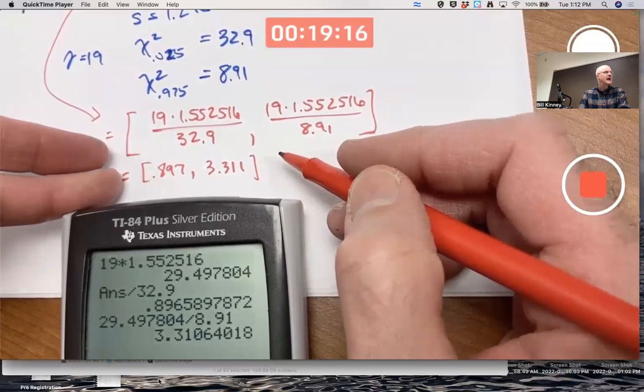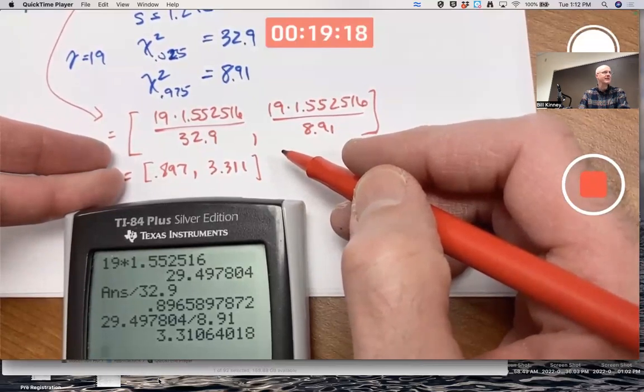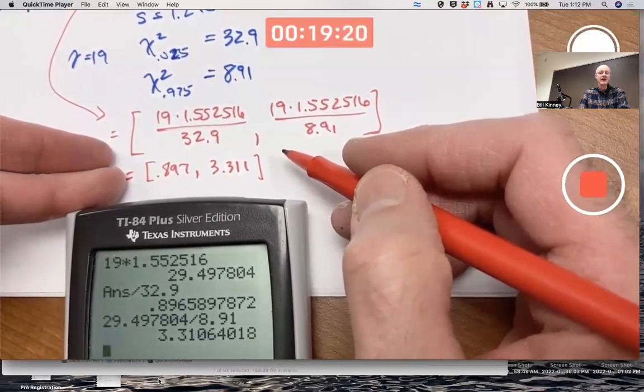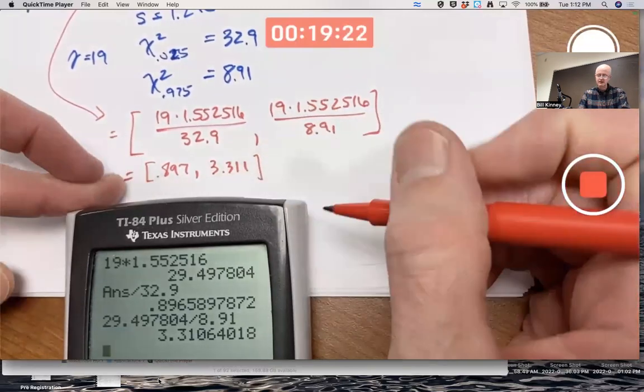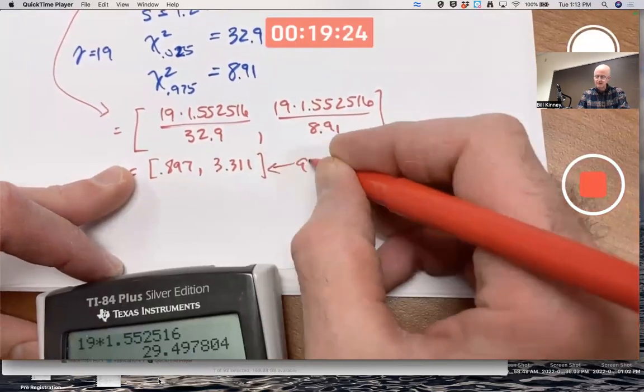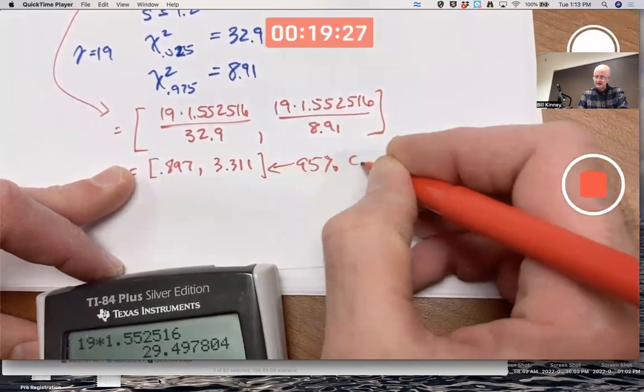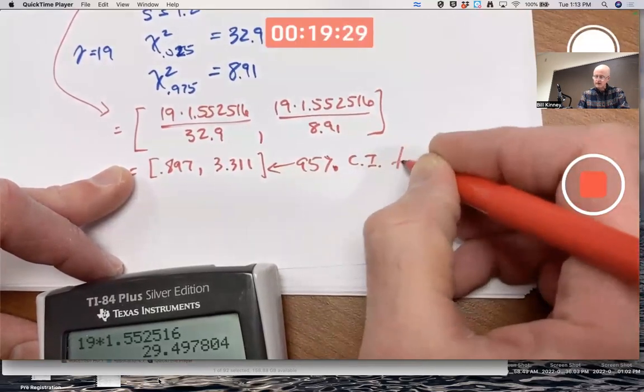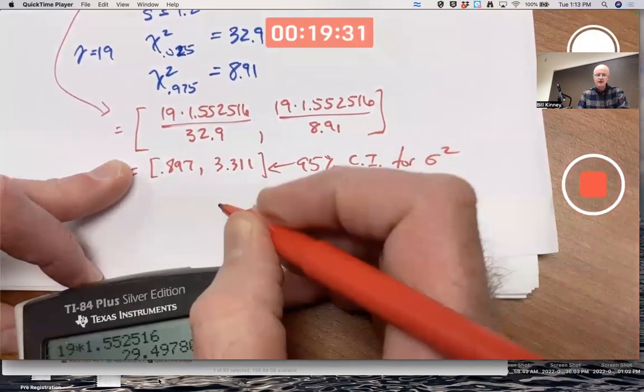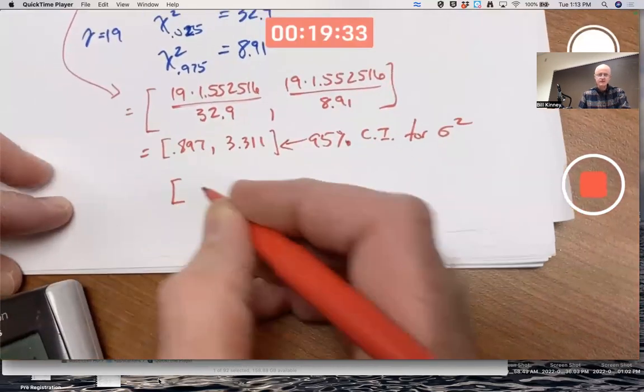What about the standard deviation? Can I come up with a 95% confidence interval for the standard deviation? Yeah, take the square root of these two numbers. That's a 95% CI for sigma squared. Take the square root of those numbers.